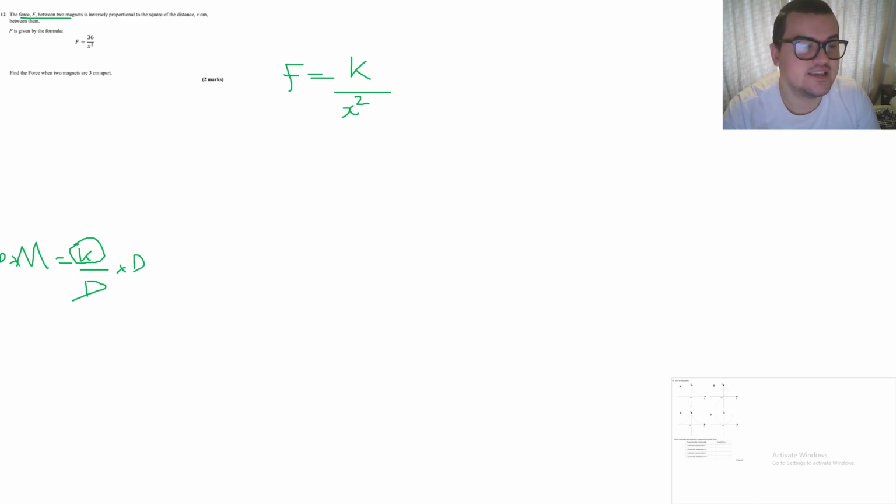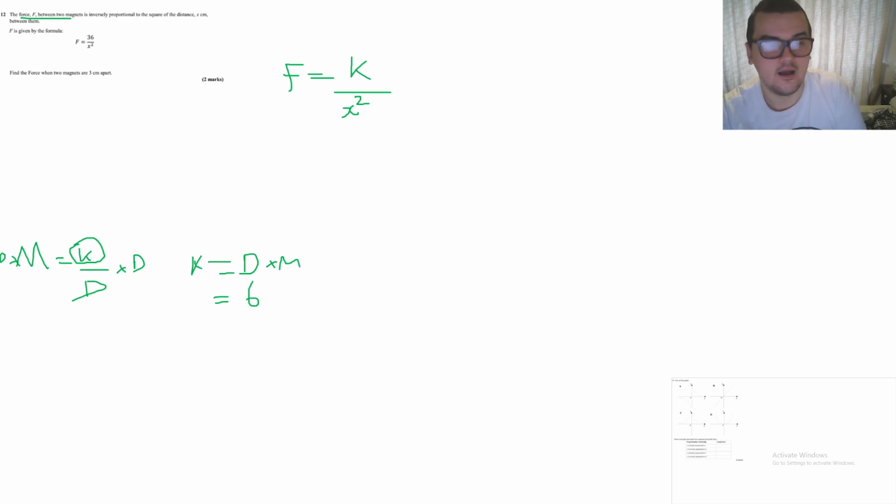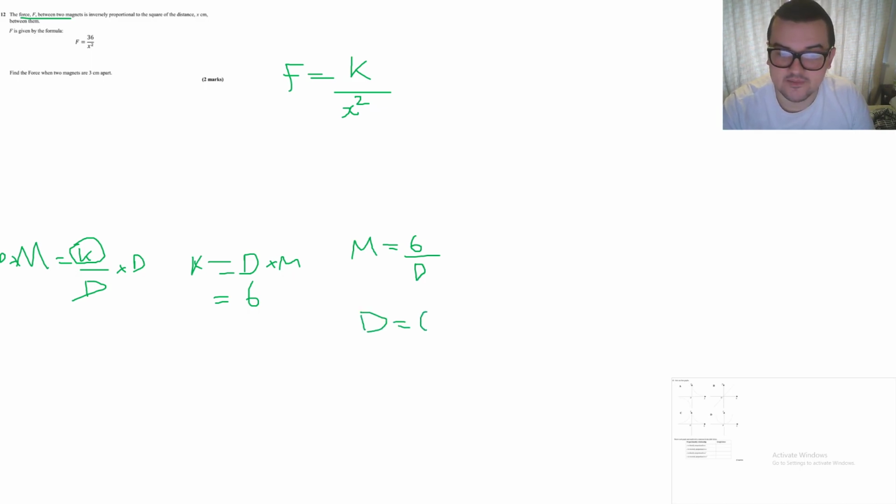In our case it was d, so we'd say that k is d multiplied by m, which in our case was 6. So our formula for machines would be 6 divided by the number of days, or vice versa, the number of days would be equal to 6 divided by the machines. So that is what indirect proportion means.